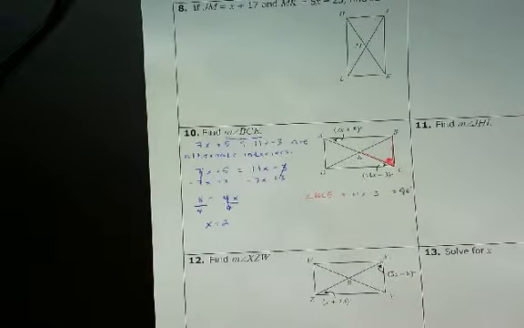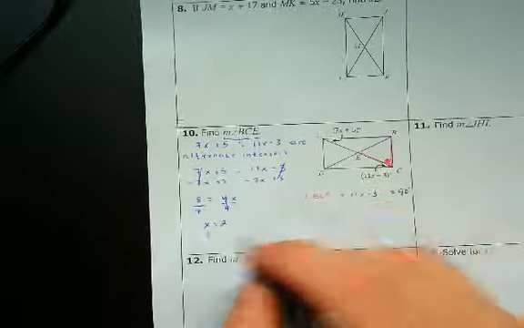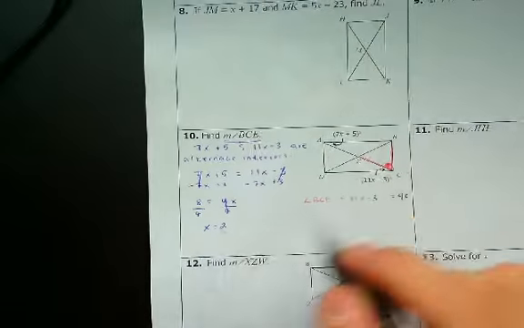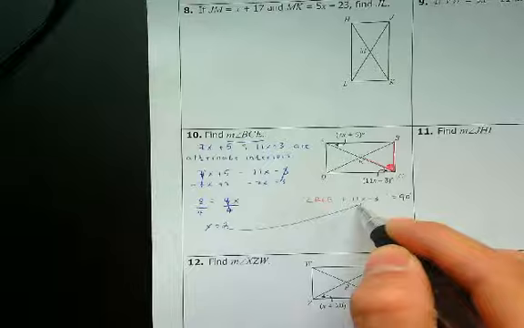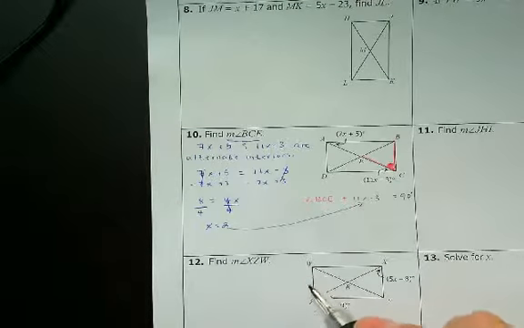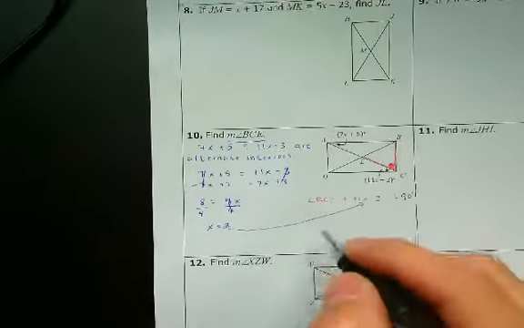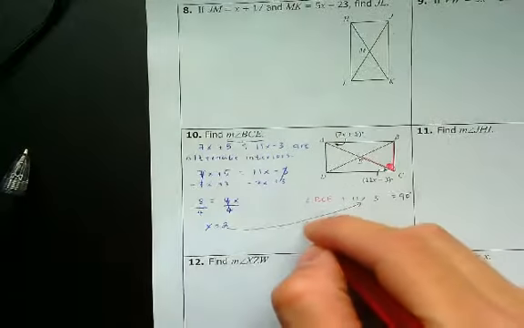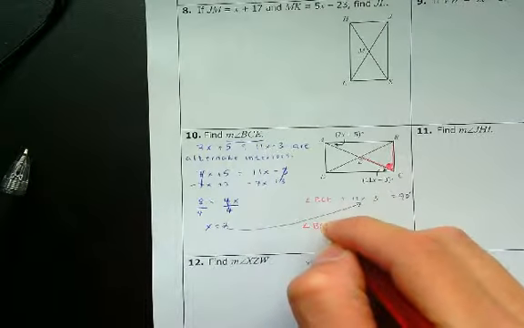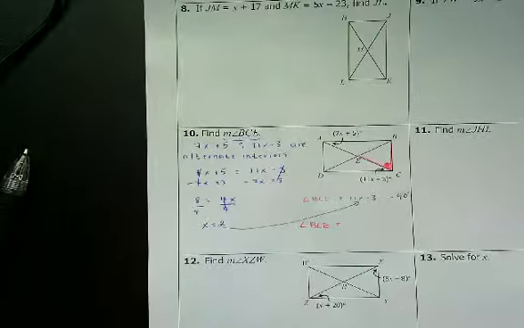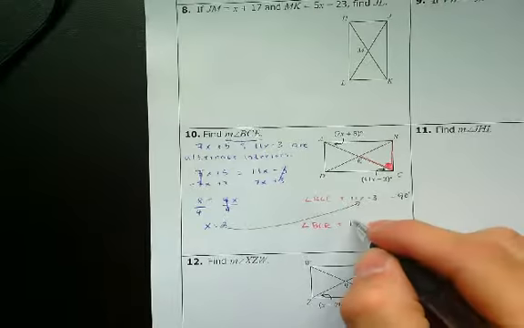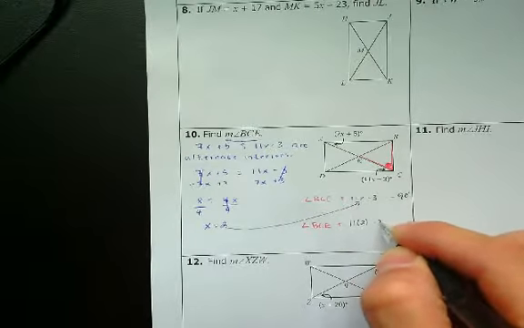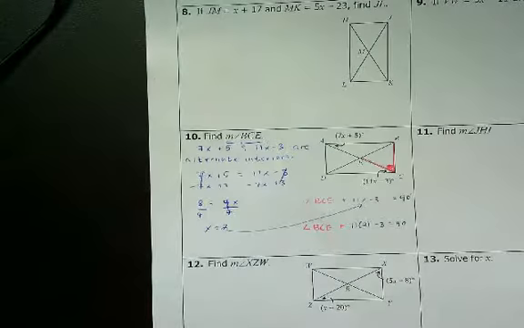Now I'm going to take my x and plug it in right here. When I plug it in, I'm multiplying. So BCE plus 11 times 2 minus 3 equals 90.